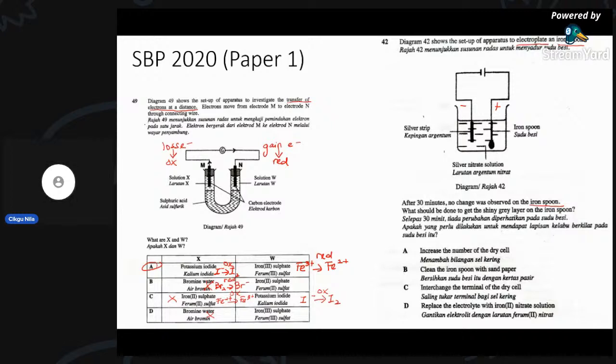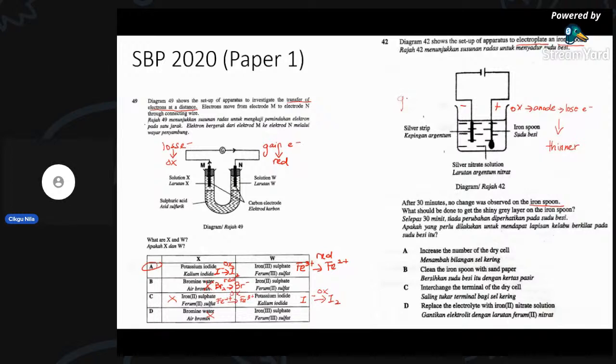What is actually happening over here? If it's a positive terminal in electrolysis, that means oxidation takes place, so it is the anode. Anode means it will lose electron, so the iron spoon will become thinner. And the negative terminal, in electrolysis, they want to gain electron.